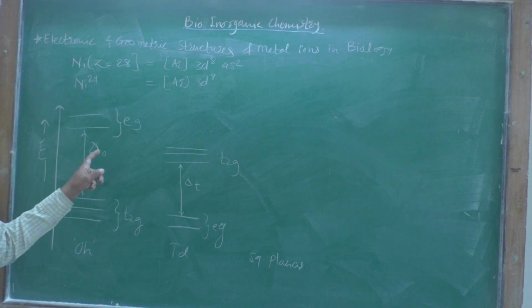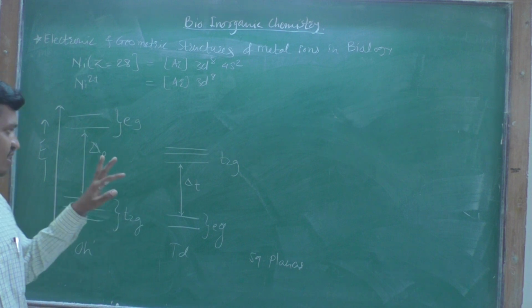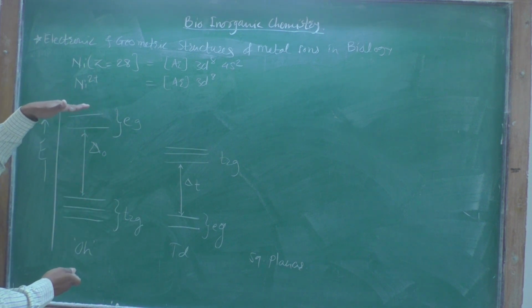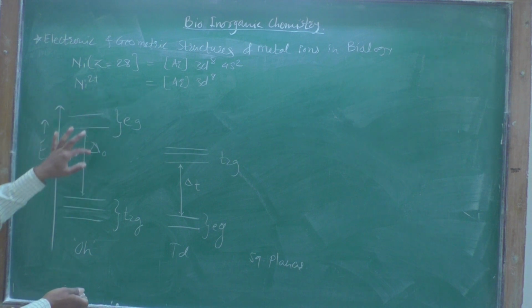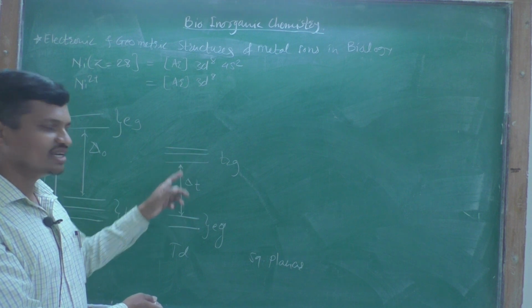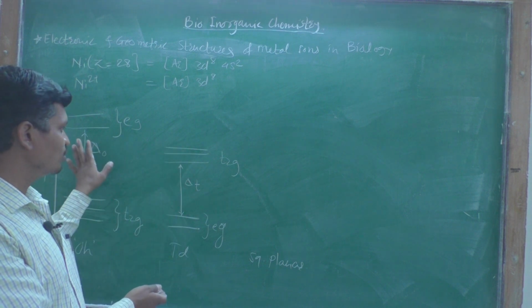Here o stands for octahedral, t stands for tetrahedral. Here the large difference is there between t2g and eg set of d orbitals in octahedral field, whereas Δt is very small as compared to Δo.